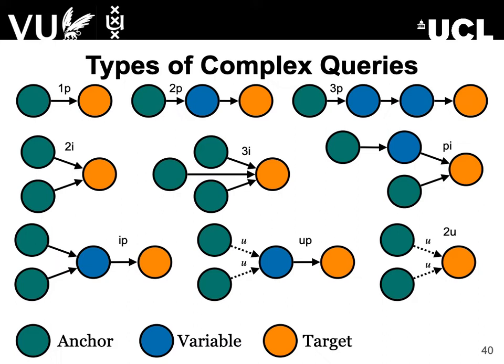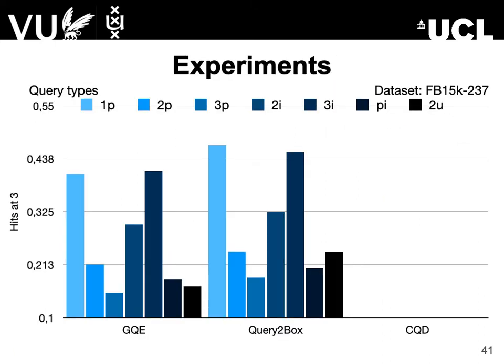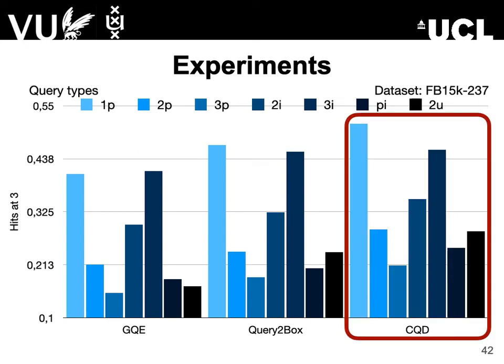So we experimented on a variety of complex query structures. And despite being only trained on simple queries, we can see that our model systematically generalizes to complex queries better than models trained on complex queries in the first place. Here are the results on Freebase 15K-237 for different complex query types.